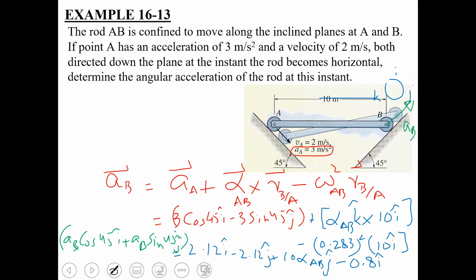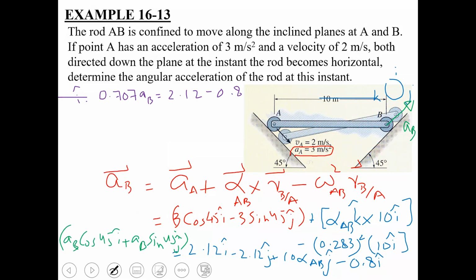Okay, now since it is a vector equation, you are going to compare the i and j coefficients on both sides of this equation. So once you are comparing the i coefficient, 0.707 AB should be equal to, on the right hand side it is 2.12 और किसके साथ आई है? -0.8. So the i coefficients equation would be like this.